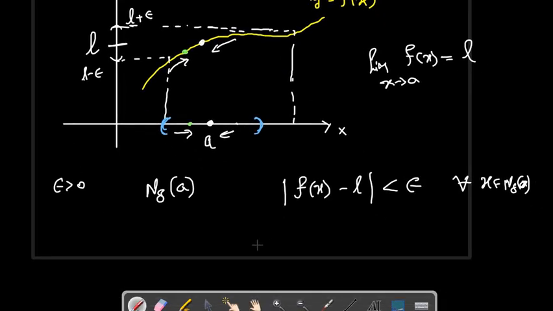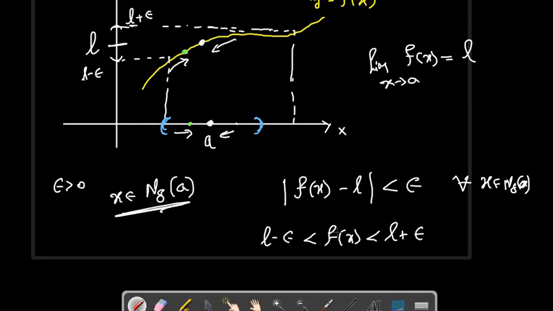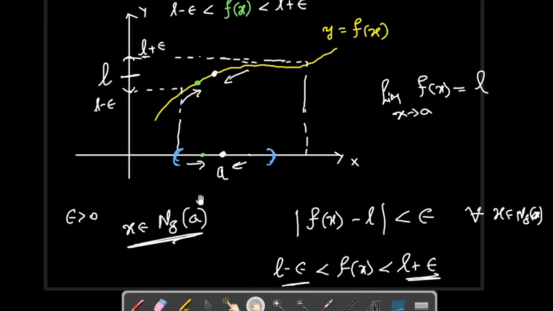The same expression can be written like this: L minus epsilon is less than f of x is less than L plus epsilon. It means whatever point you take from this neighborhood, its image always lies between these two. Then we say that the limit of the function is L at A.